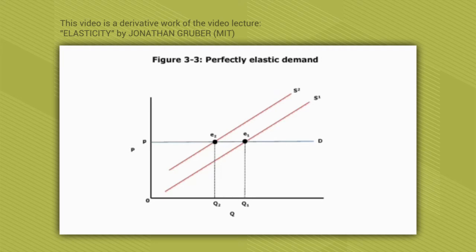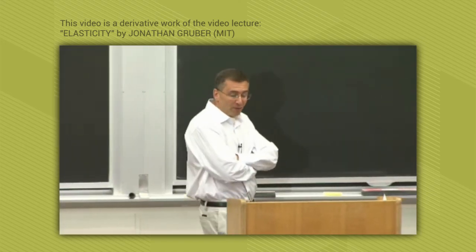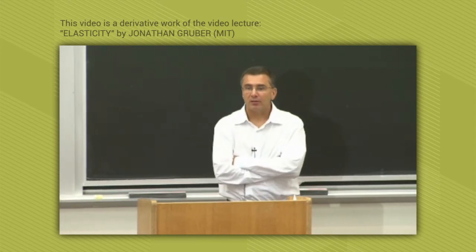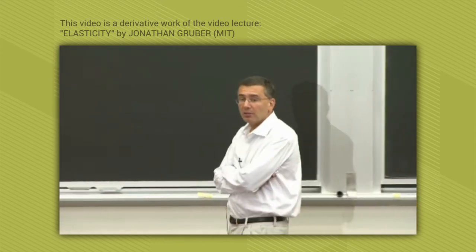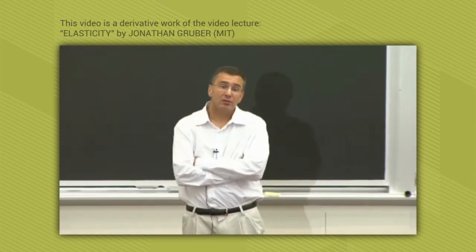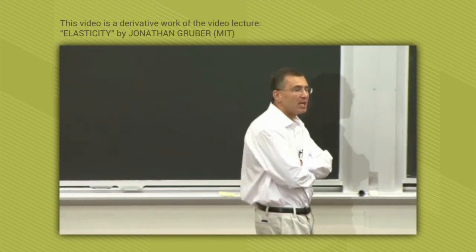An inelastic good is where there's no substitute. A perfectly elastic good would have a perfect substitute. Technically, if a good is perfectly elastically demanded, then you are completely indifferent between that good and a substitute. Well, if you're completely indifferent, then if the price changed at all, you would immediately switch. And so the price can't change.